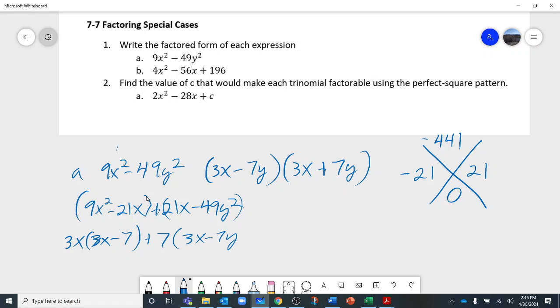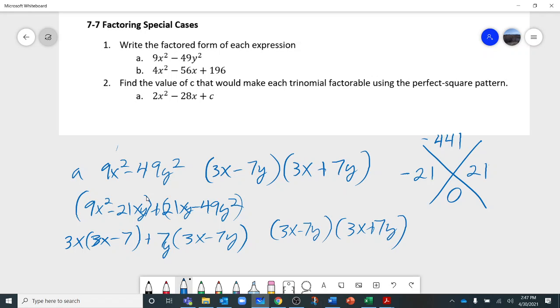Sorry, 7y. I lost a y somewhere. Oh yeah, 21xy, 21xy. So that's a 7y. So we got the same things, right? We got 3x minus 7y, and on the outside of the parentheses 3x plus 7y.